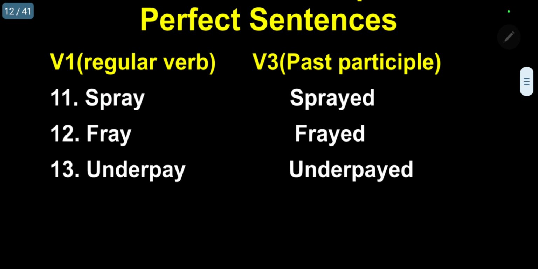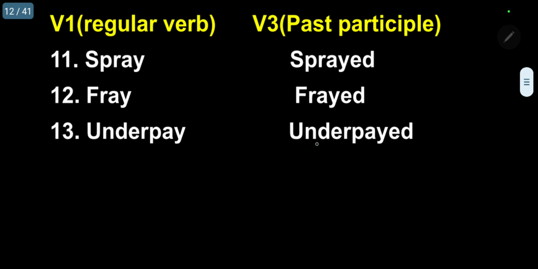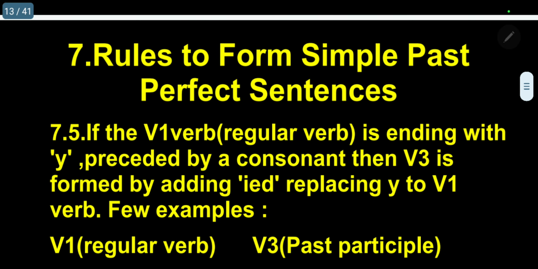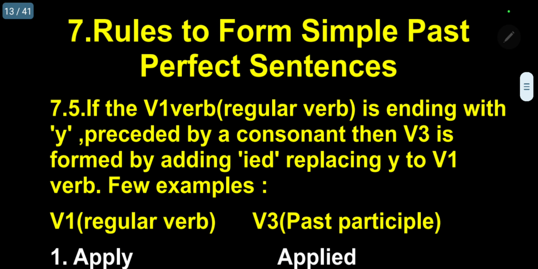So, in the case of a regular verb ending with Y, ed will be added if it is preceded by a vowel. Suppose it is not preceded by a vowel, now we have to see what will happen. Now, rule 5.